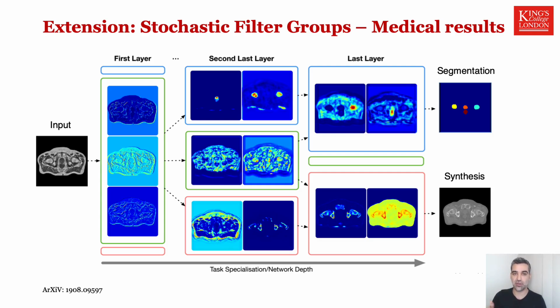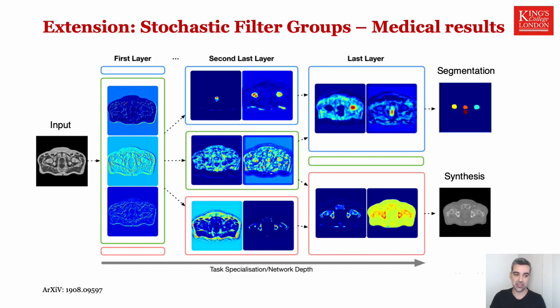And after that, obviously, you pass the segmentation layer into the softmax, and you end up with the segmentation, the same thing through a regression layer to get the synthesis. But what's interesting here is if you look at the content of, for example, the second last layer, the segmentation part of the second last layer in blue shows you primarily the regions that are being segmented.